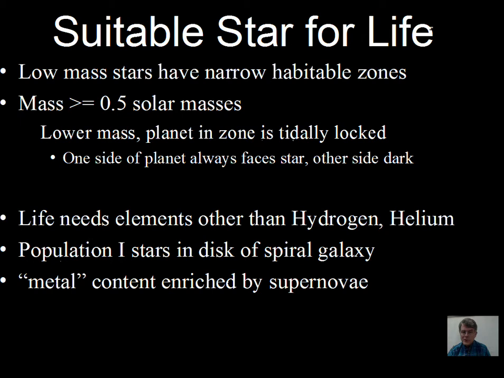So we might search for planets around stars about the mass of the sun in the disk of the galaxy. So this is just giving the scientific viewpoint on where to conduct a search. Also, a single star is a little bit better for the orbit of the planet.